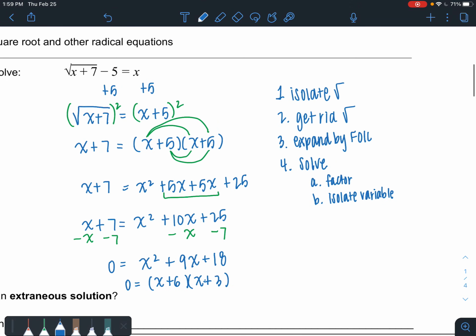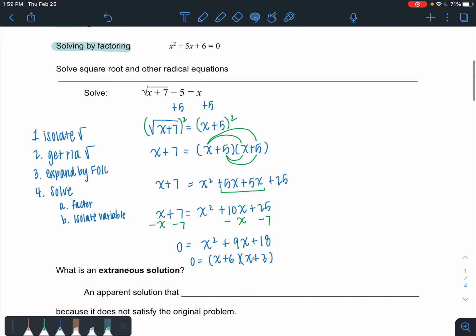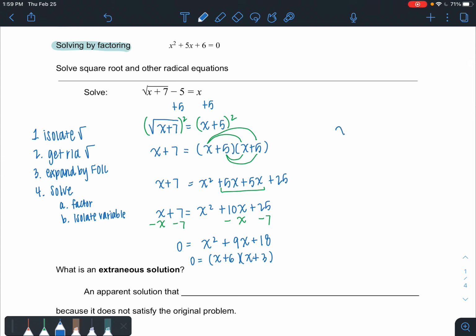Then I set both of those factors equal to 0, x plus 6 equals 0 and x plus 3 equals 0, and solve. So those are my solutions.